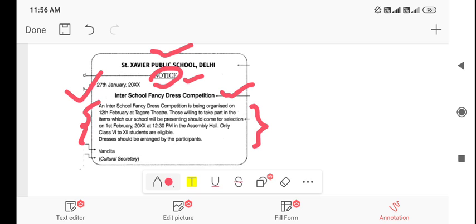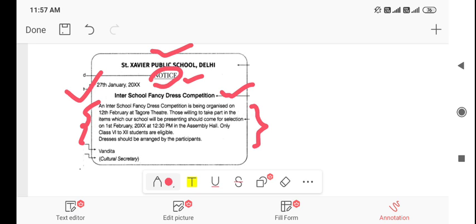An inter-school fancy dress competition is being organized on 12th February at Tagore Theatre. In place of this, you can write an essay competition is going to be organized on any date, the date on which that event is going to be conducted.